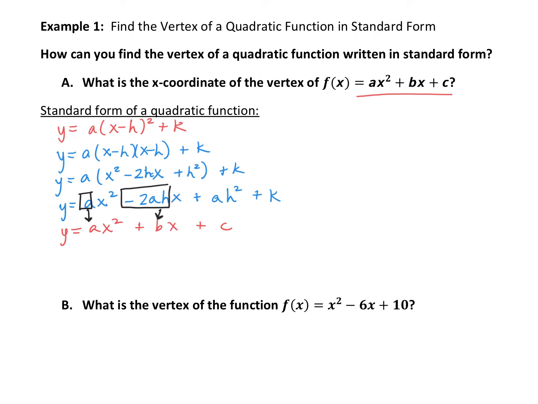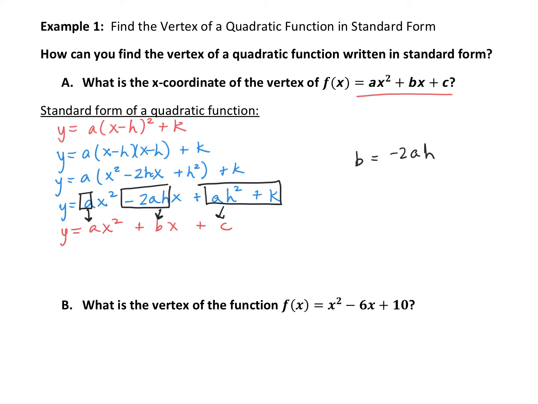And there's our x. So bx, we're showing that b is equal to a negative 2ah. And then we're also showing that our c value is equal to this ah squared plus k. I want to focus on the b value. According to what we just worked out, we know that b is equal to negative 2a times h.